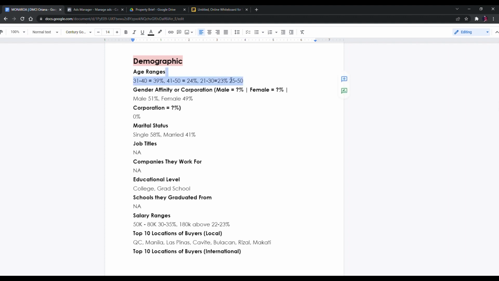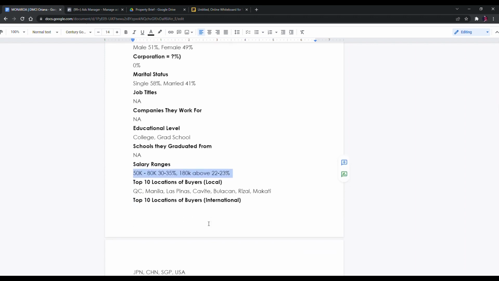So that's our target age range, and we're just gonna select all genders because it's almost evenly split between male and female, and we're going to also include both single and married people. And we're also going to make sure to include that they're college graduates and graduate school people. And then we're going to talk about how we're going to be able to target these kinds of people.